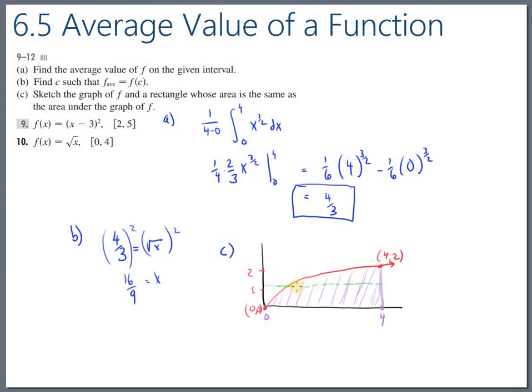And this should come down to 16/9, by the way. That's where the function equals its average. But apparently, this green rectangle now, I shaded all this in, that green area should be the same as the purple area.